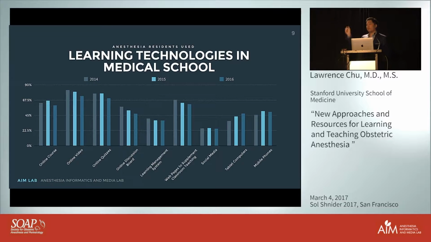I bring this up because I always ask myself this question. When they then come to our residency programs, our fellowship programs, what is their expectation of us? When they come to the terminal phase of their professional education, what is their expectation of us to provide them the type of educational experience that they have become accustomed to?